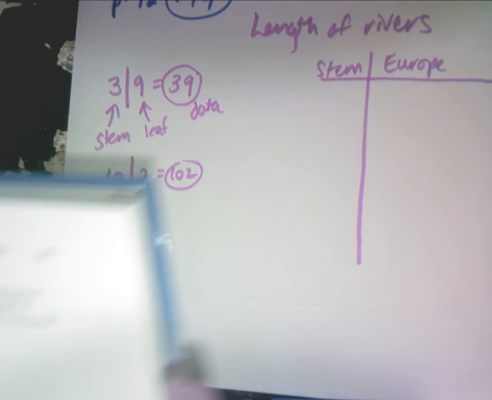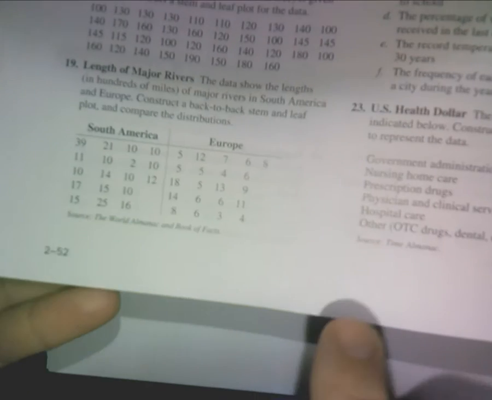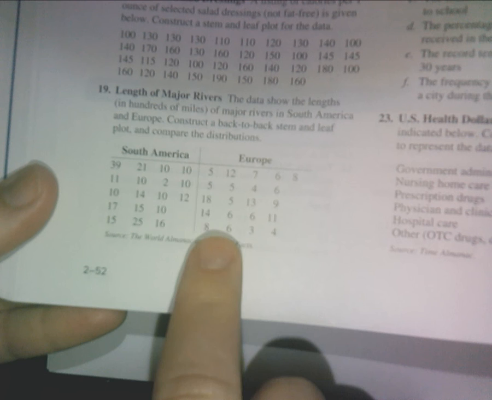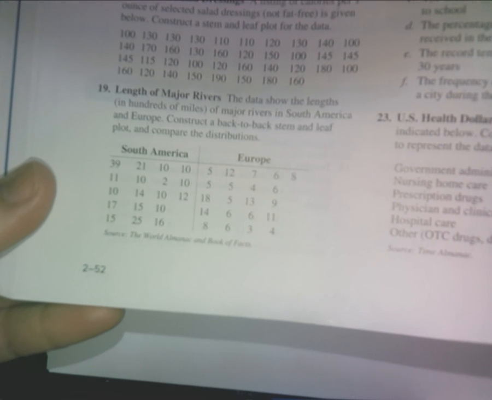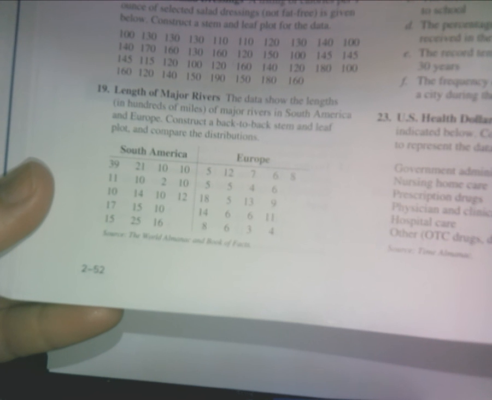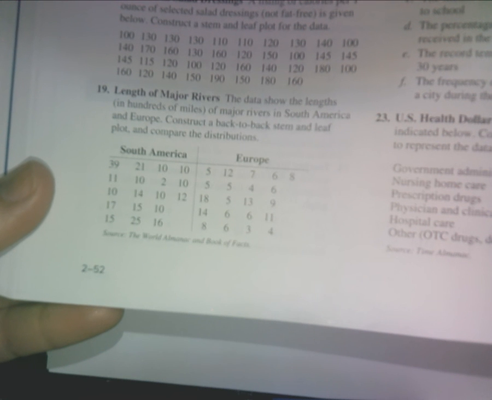So when I'm looking at number 19, and we'll start with Europe, it looks like I have a single digit, double digit, double digit, double digit. When I'm trying to determine what my stem and my leaf would be, if the highest amount of digits is 2, then you could have a stem of 0 and a stem of 1 and a stem of 2. Does that make sense? Because 5 can be written as 0, 5.